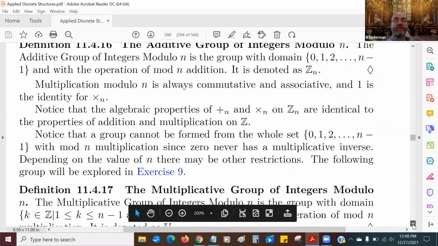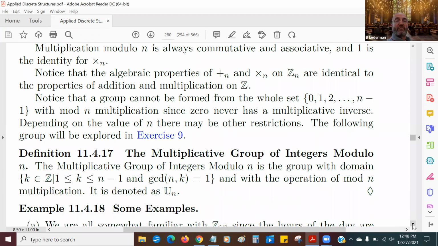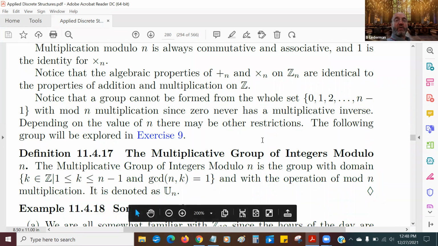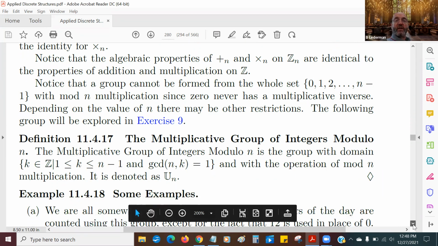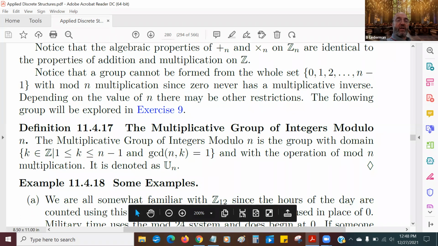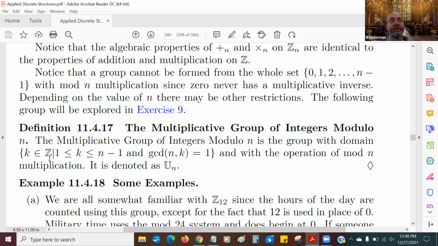And what that is, we're going back to our famous, well, let's just take a look. The multiplicative group of integers modulo n. If I look at the numbers k in Z, where k is between 1 and n minus 1, and the GCD of n and k is 1, and I'm using the operation of modulo multiplication, then I do get a multiplicative group modulo n.